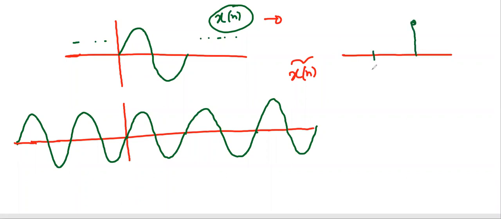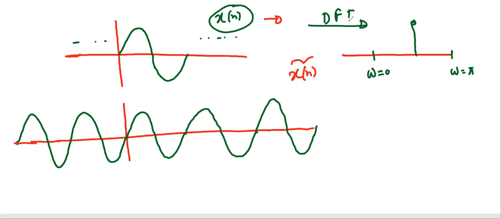So let's say this is your omega, equals 0, and let's say this omega equals pi. Okay, so in between we are getting a single stem due to this discrete Fourier transform.